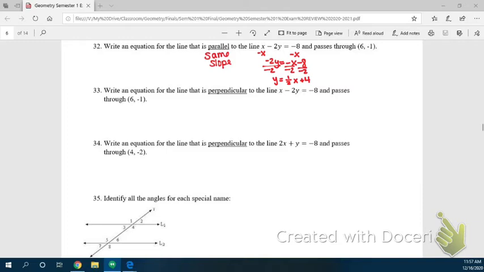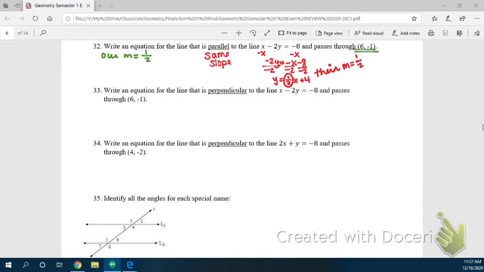That is their line, and their slope is 1/2. So, knowing that we need something that is parallel, if their slope is 1/2, our slope should be 1/2.